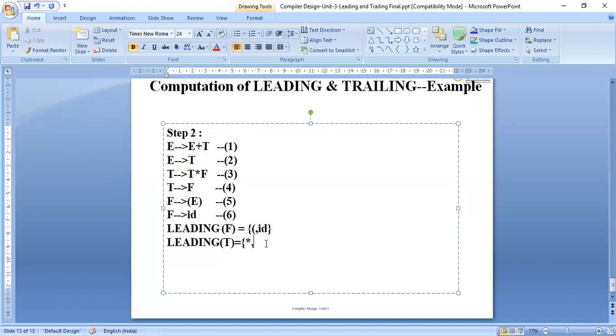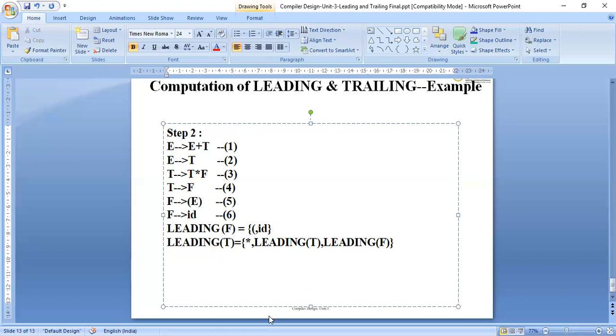T and F. So leading of T is leading of T, comma, leading of F. And when you go for expanding this, what is leading of T? It is already there, star. Keep the star as such.